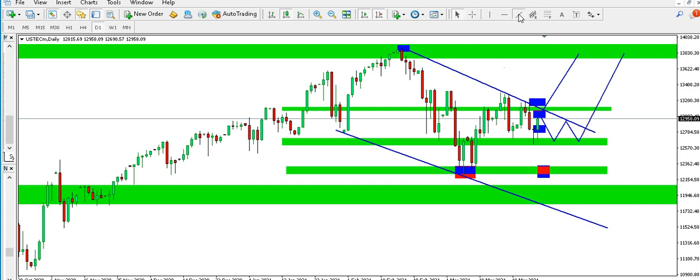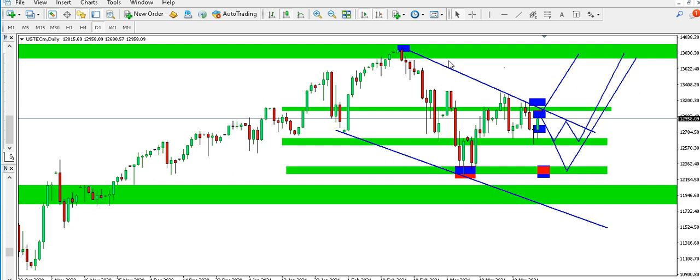But if it does not go up, it's definitely going to come down to this level and then find its way to this resistance, then either come down again and go up, or break this resistance and go up.